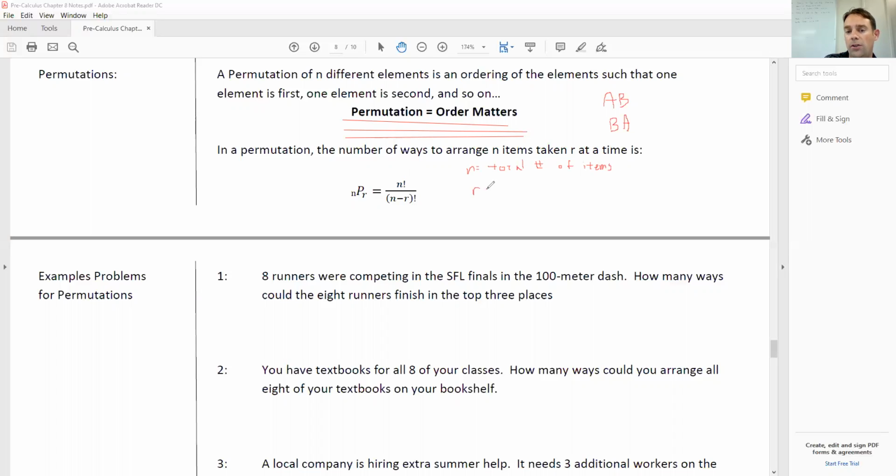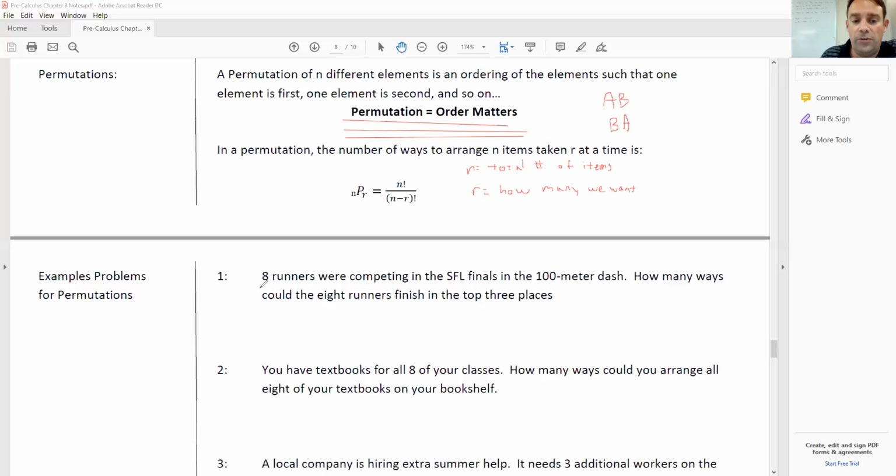And R is how many we want. So if we're looking at this here, friends, we're going to be plugging numbers in to order.